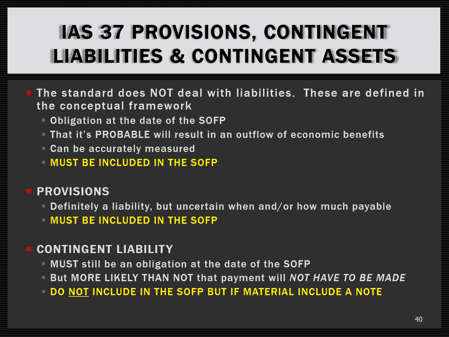In this case, we don't include it in the statement of financial position, but we must include a note about it in the accounts if it's material and if it could affect a potential investor's investment decisions. So a contingent liability, there's got to be an obligation still, but it's unlikely that that obligation is going to result in a payment out of the company.